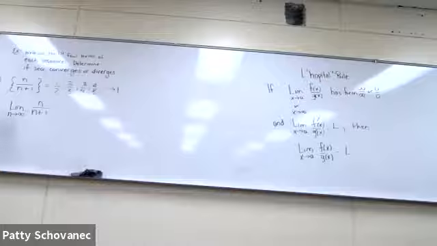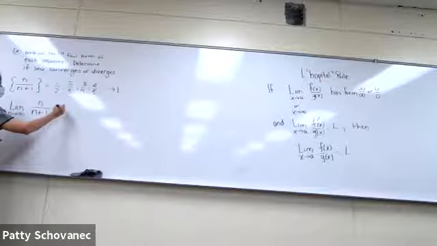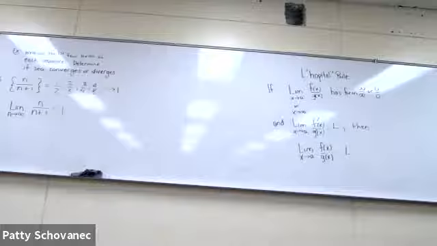So if we did that here, take the derivative of the top and the derivative of the bottom, we just get a 1 on top, 1 on the bottom. But we also had the rule that if you're taking the limit of rational expressions and the degree on the top is equal to the degree on the bottom, L'Hopital's rule will always give us the ratio of the coefficients.